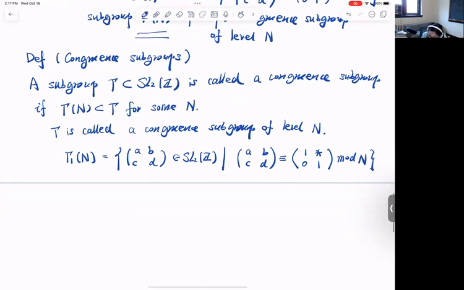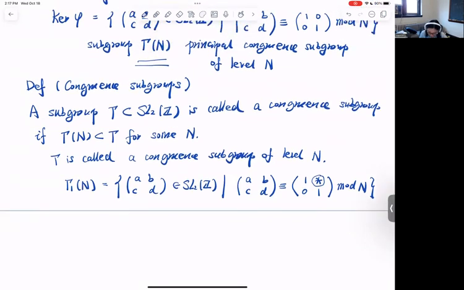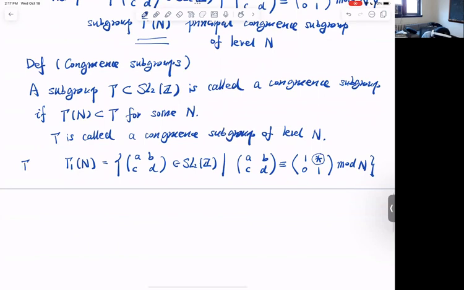So I give you the freedom of the upper right corner entry. It does not need to be 0 mod n, but it's clear that gamma of n is inside gamma 1. It's a subgroup, less restricted compared to gamma 1.